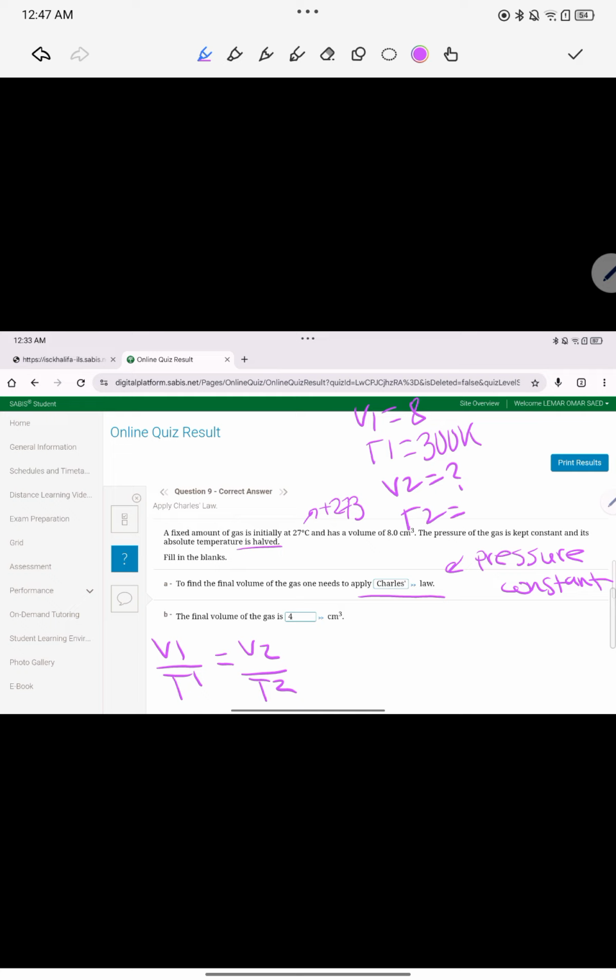T2 is equal to 300 divided by 2 because it's half, so 150, and 8 over 300 equals question mark, or let's say V2 or X or anything you want, over 150. Times 8 divided by 300. V2 is equal to 4.